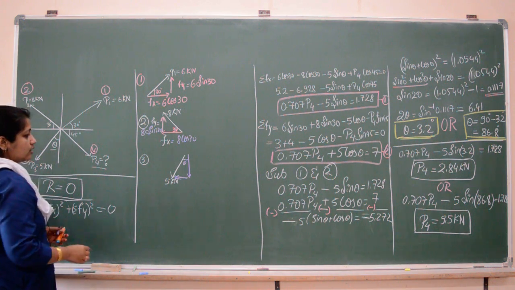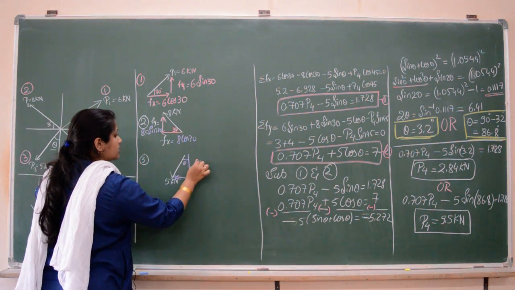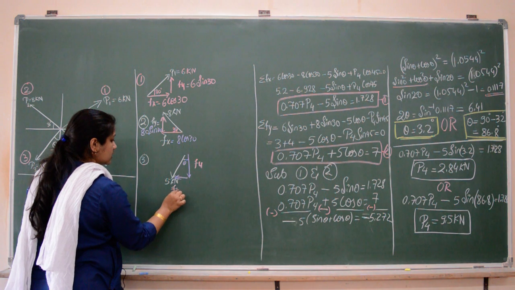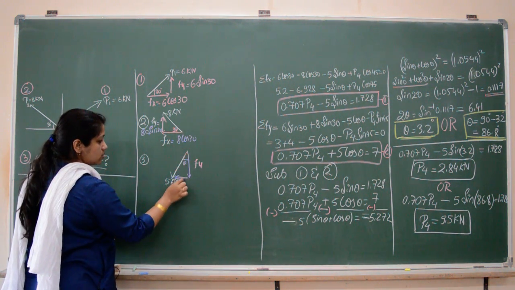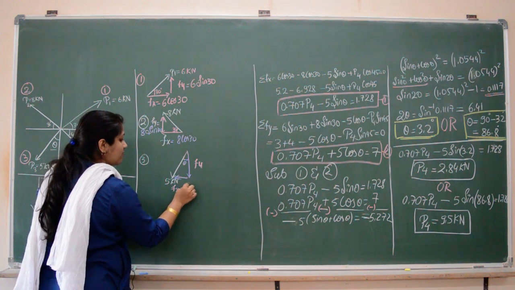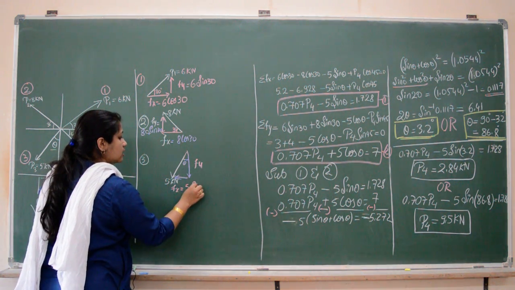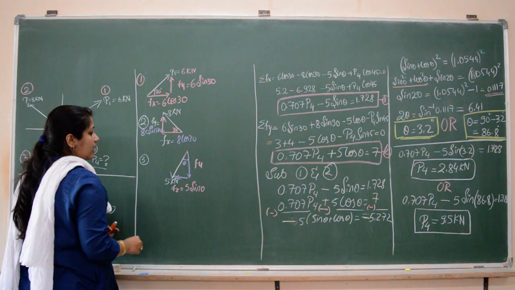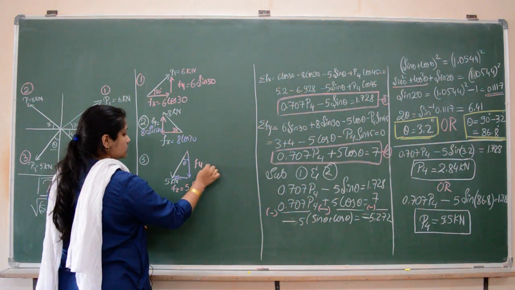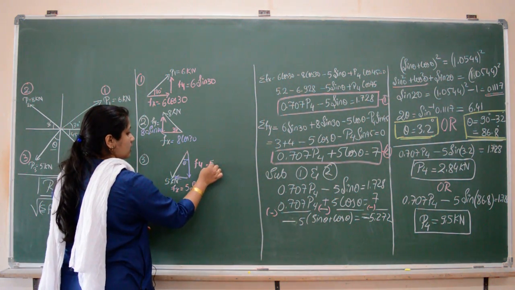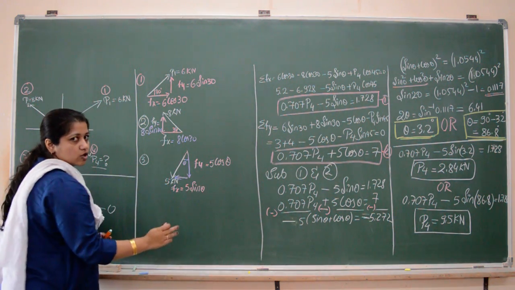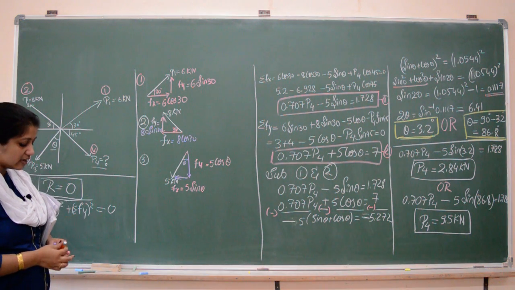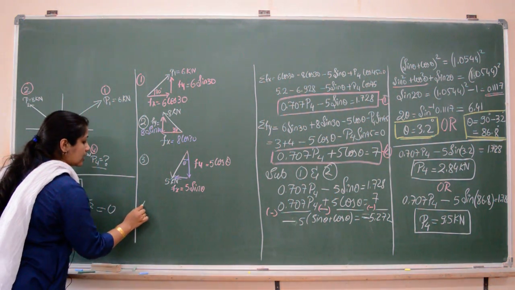This becomes Fy, this becomes Fx. Now this is opposite in direction, students, so this becomes 5 sin theta, and here this becomes 5 cos theta. Theta I am keeping as it is because I don't know the value. I need to find out the value of theta.